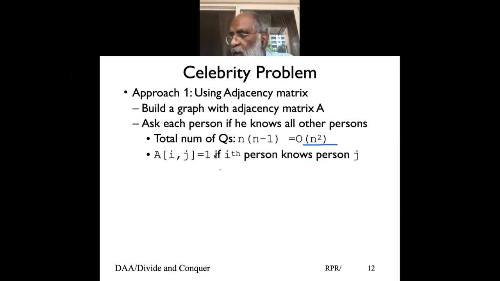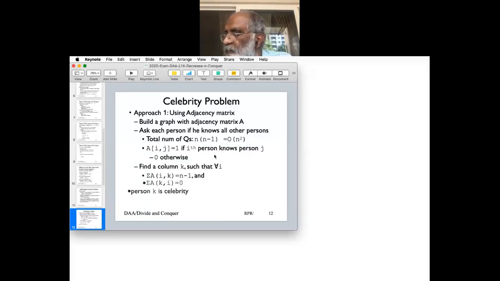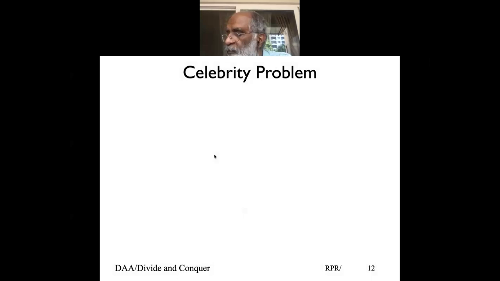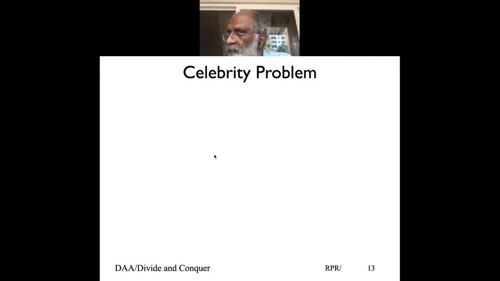We can look at a column. If this column has all the entries as 1 except the diagonal entry, that means if I sum this column, the value happens to be n minus 1. So in this brute force case, let's say we look at the column.